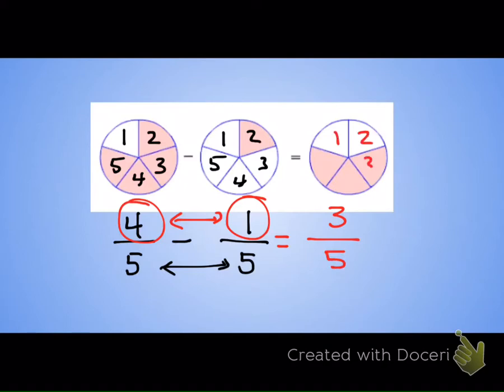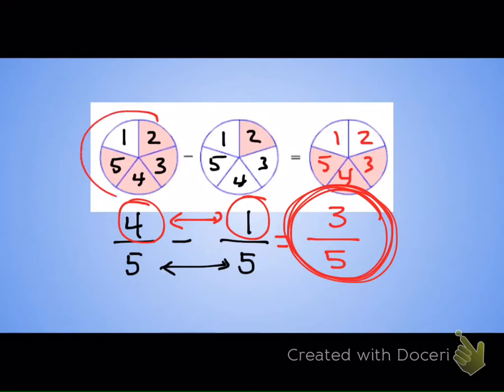Everything is the same. 3, 4, 5. So we are left with 3/5. That cannot be simplified. They're both prime numbers, so we know it can't be simplified. Essentially, we are taking this first one and we are taking 1 away from it, aren't we? Leaving us 3/5.